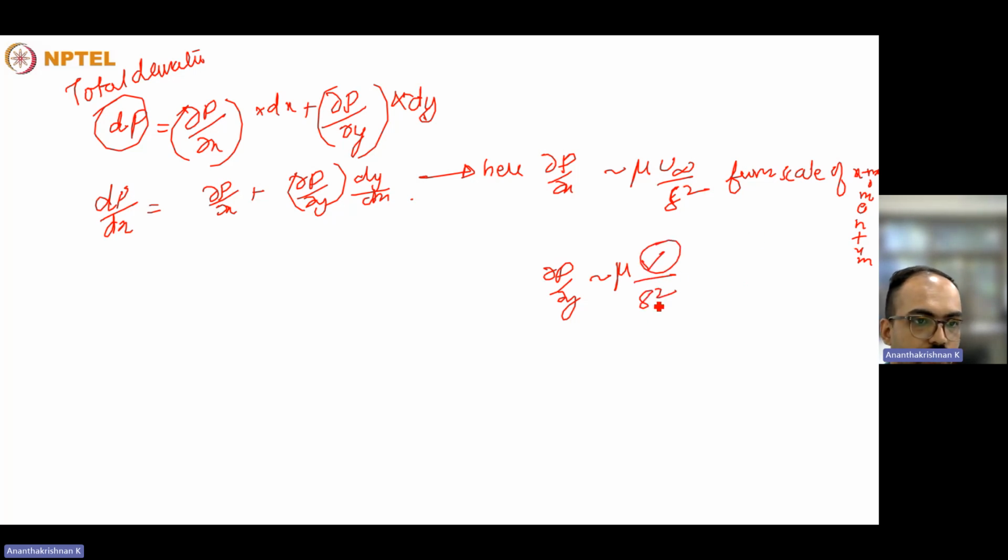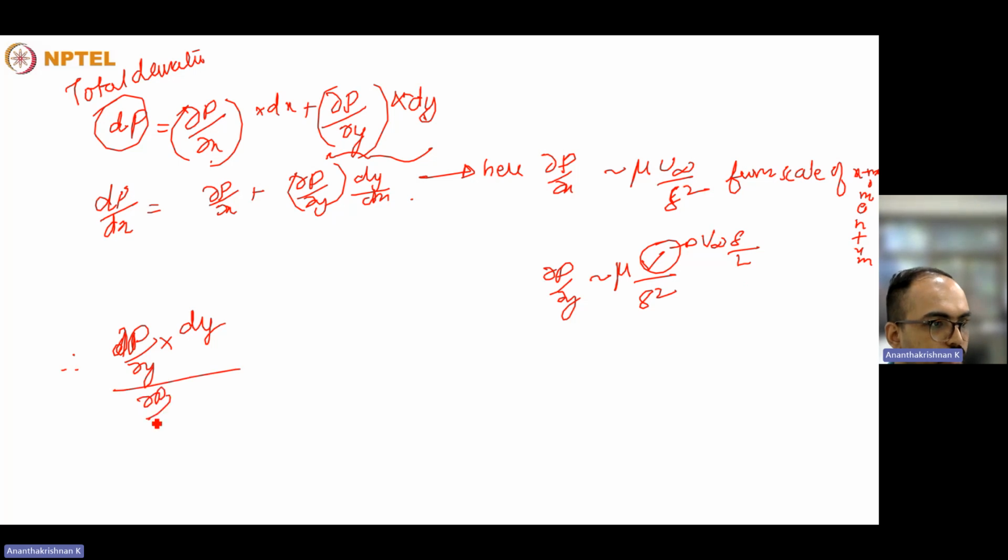So basically only v comes into the picture, and v will be equal to u∞ into delta divided by L. Therefore, if you take the ratio of both the terms, it will be ∂p/∂y into dy divided by ∂p/∂x into dx.